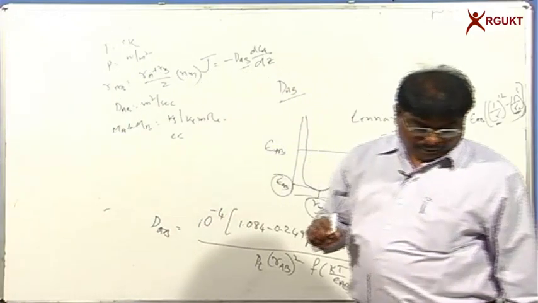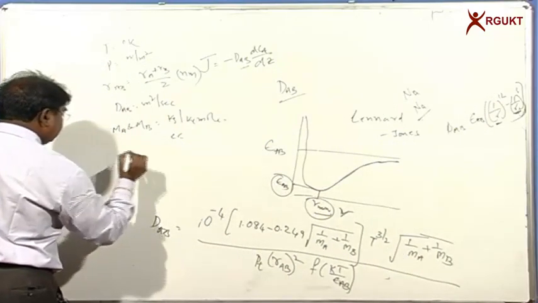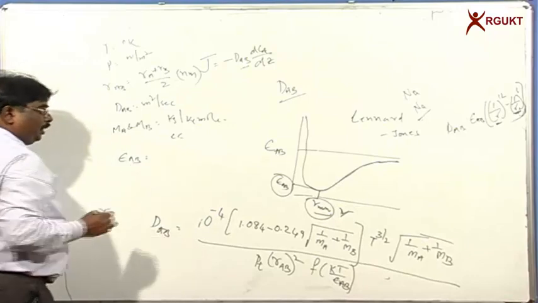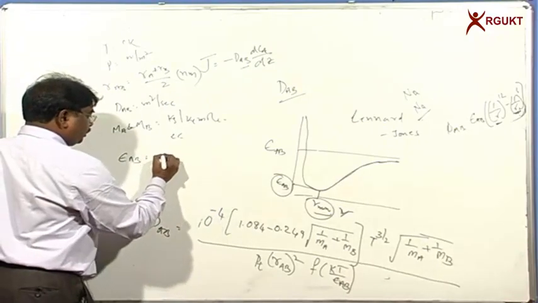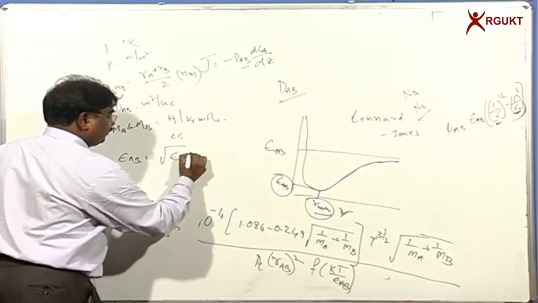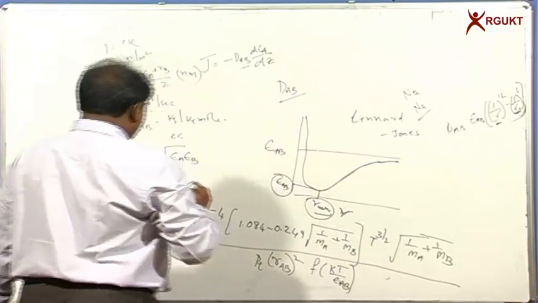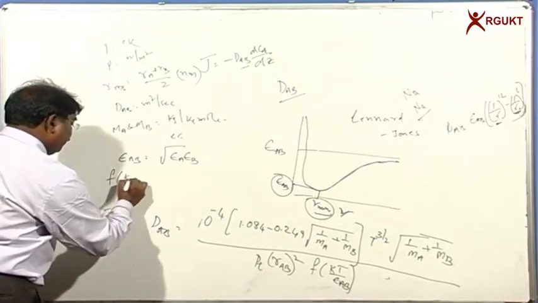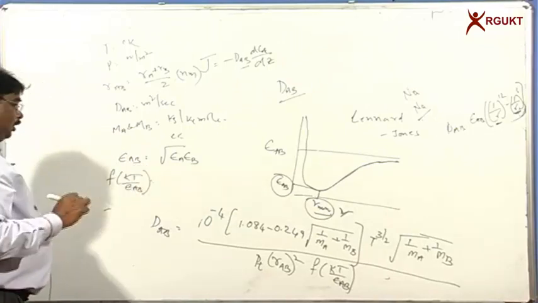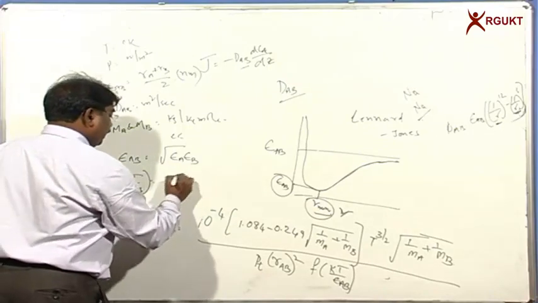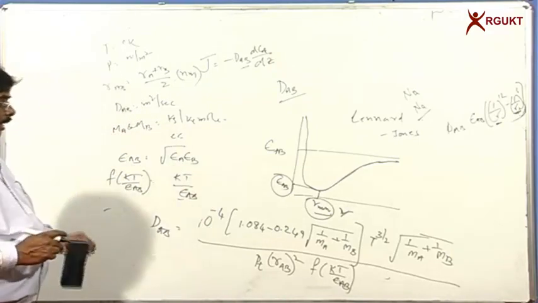And here we have epsilon AB, the energy of attraction, that is what I told you. These are the parameters of your Lennard-Jones potentials. This is nothing but epsilon A, epsilon B, then this f of KT by epsilon AB is a collision function which is going to depend on KT by epsilon AB, where k is the Boltzmann constant.